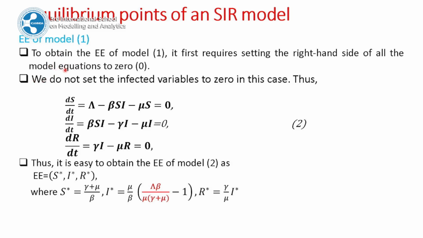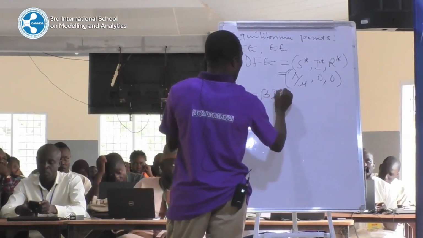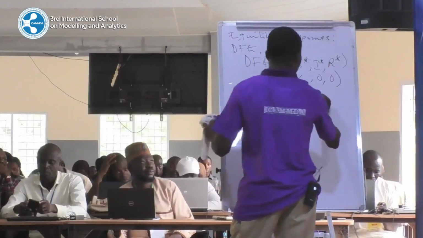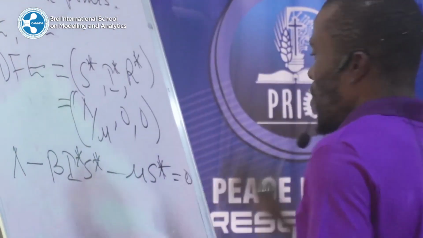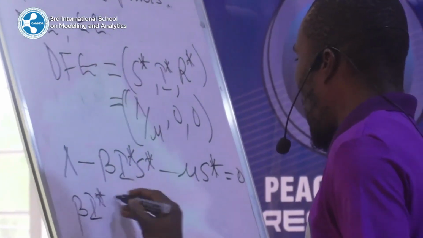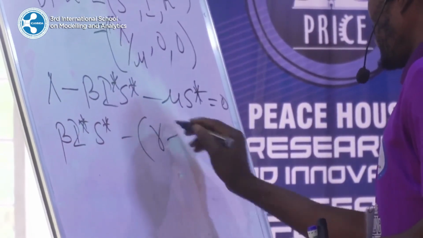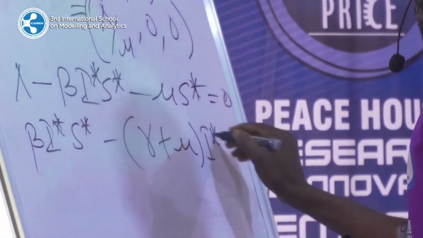In the case of endemic equilibrium, it first requires setting the right-hand side of all the model equations to 0, because we want to look at the solution at equilibrium point. I will rewrite that again. I will have lambda minus beta I star S star minus mu S star equals 0. Then for the second equation, beta I star S star minus gamma plus mu I star equals 0.